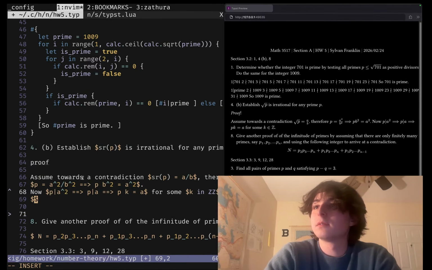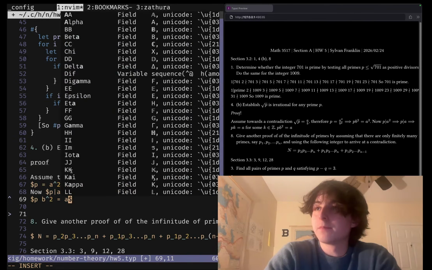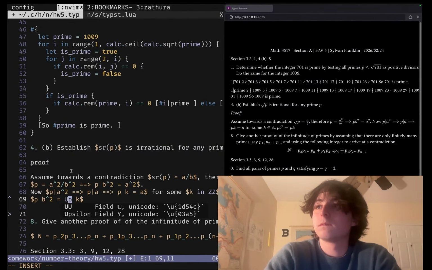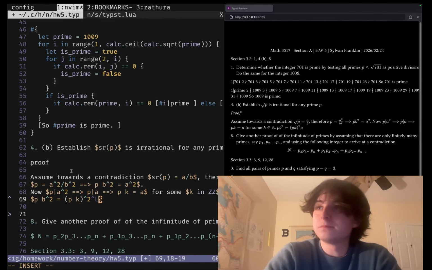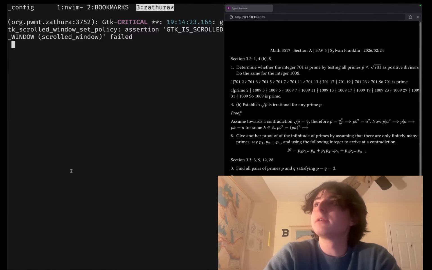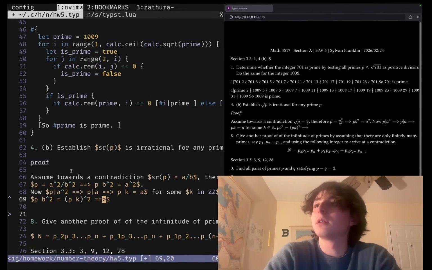Then p b squared equals pk squared, which implies what? Okay, I just switched tabs.